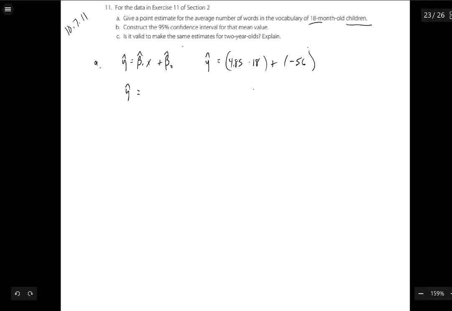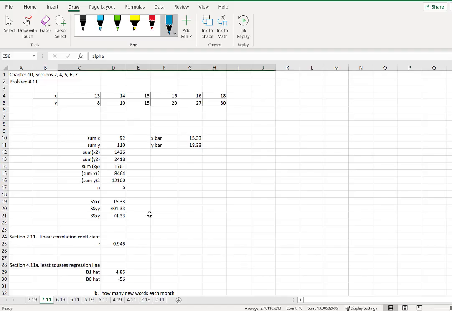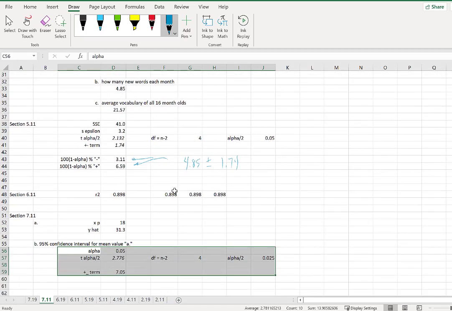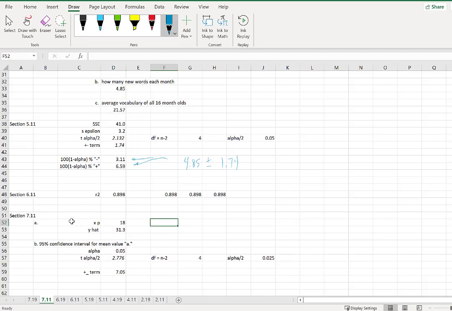So our point estimate is, let me jump over here to Excel where I actually did that calculation. As we've looked at, here we are in 711. There are all our previous calculations, all of our data here, and from previous sections that allows us to pull this through. So let's go down here to section 11A. We're going to put 18 in. Let's see if I did this right. Okay, D29.